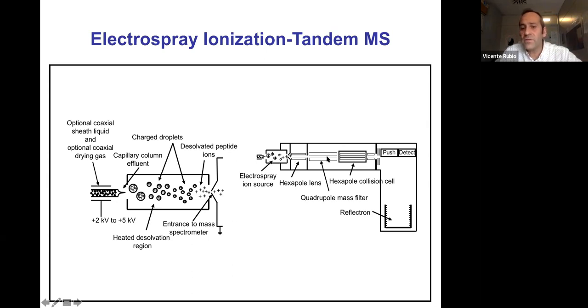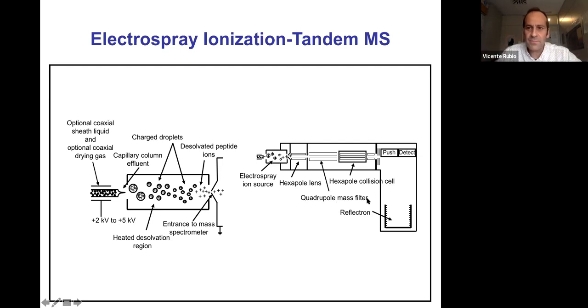And here what we use is what is called a quadrupole that will produce a variable electric field that, depending on the physical chemical properties of those specific peptides, will allow separation of them. And then afterwards we have again a detector that will receive those peptides depending on their separation in this quadrupole mass filter.